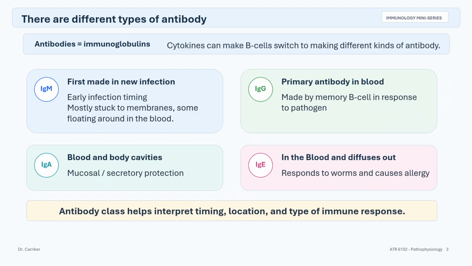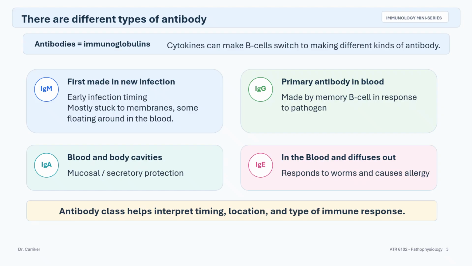Okay, so there are several clinically important antibody types. Let's go through them. IgM, IgG, IgA, IgE. Each of these tells us a little something different. IgM, for instance, is usually the first antibody that's made in a new infection.